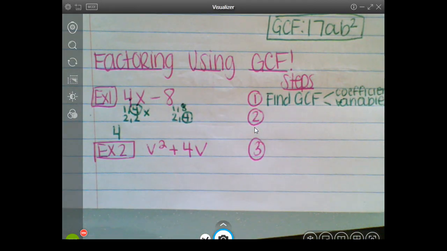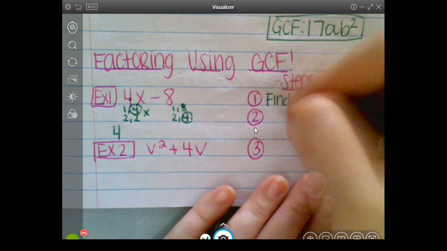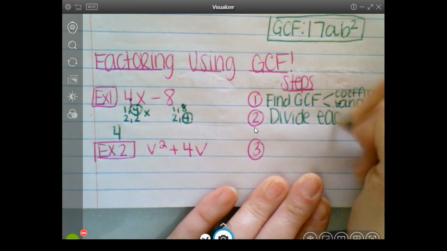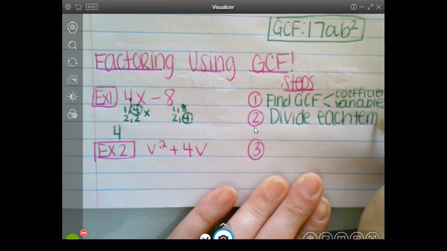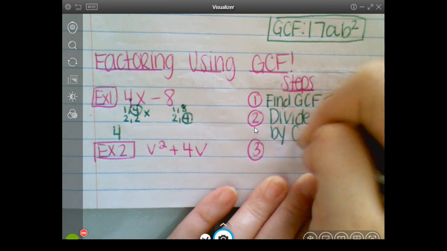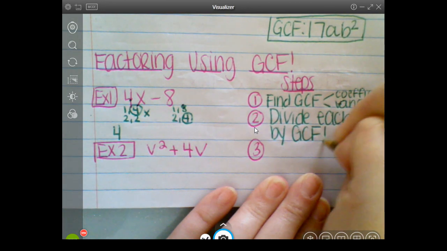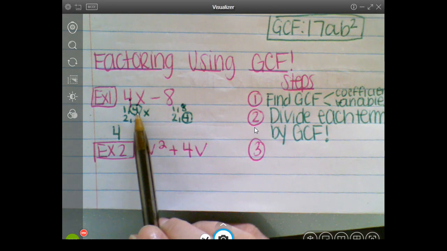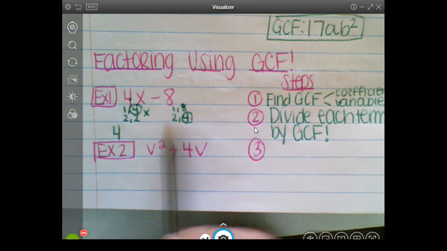And sometimes that happens. Now the second step is to divide each term by the GCF. Now that's actually what you're doing, because like I said before, you're undoing the distribution. But what happens is you also can figure out what's left based on kind of what's here, which is why I have students do this.